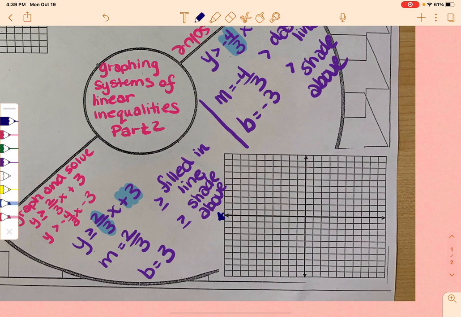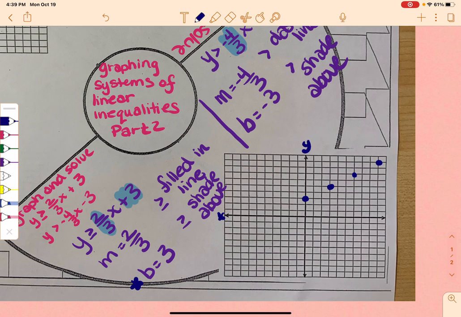Okay, so I'm going to do my x and y here, just so I know which way is up when I'm looking. And I'm going to start with graphing this. So +3. The slope is over 2 and up 3. Now, I'm going to work backwards because I know there are some more points over here.